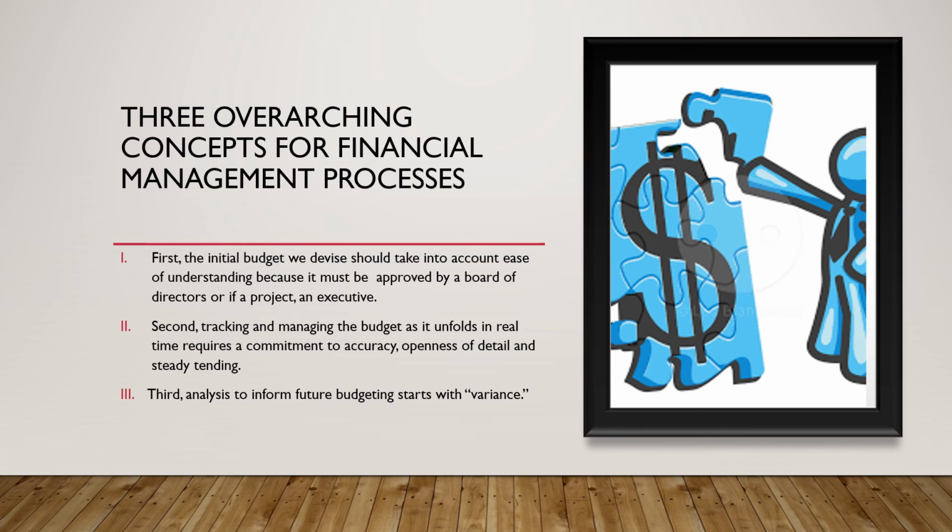And then third, analysis to inform future budgeting starts with variance. Then, of course, there are exceptions, unanticipated conditions, and other problems that contribute to performance variance, just to name a few. So what I'm saying is you don't want to take shortcuts with your structure, your approach to financial management.